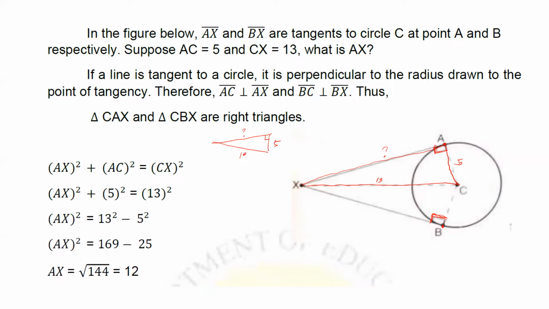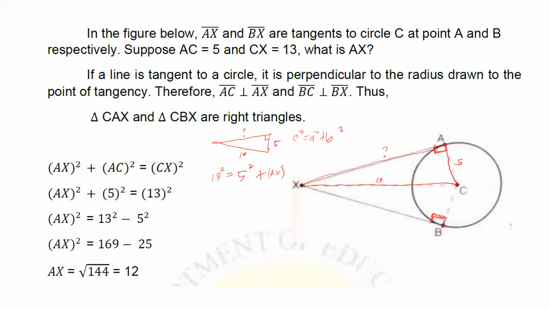You can use the Pythagorean theorem since this is a right triangle. The hypotenuse here is 13. The Pythagorean theorem is C squared equals A squared plus B squared, where C is the hypotenuse. The unknown is AX.